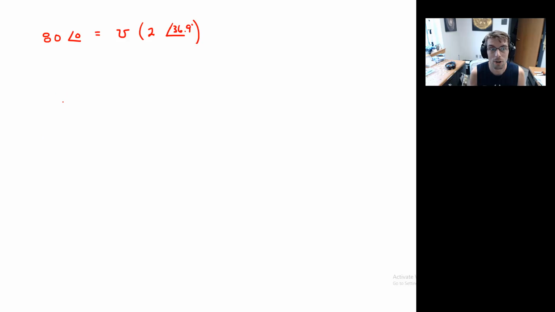And now, hopefully you see, V equals, and this is where the phasor stuff really shines, right? Allows us to do these types of calculations particularly quickly. We get that the potential is 40 at an angle of negative 36.9.